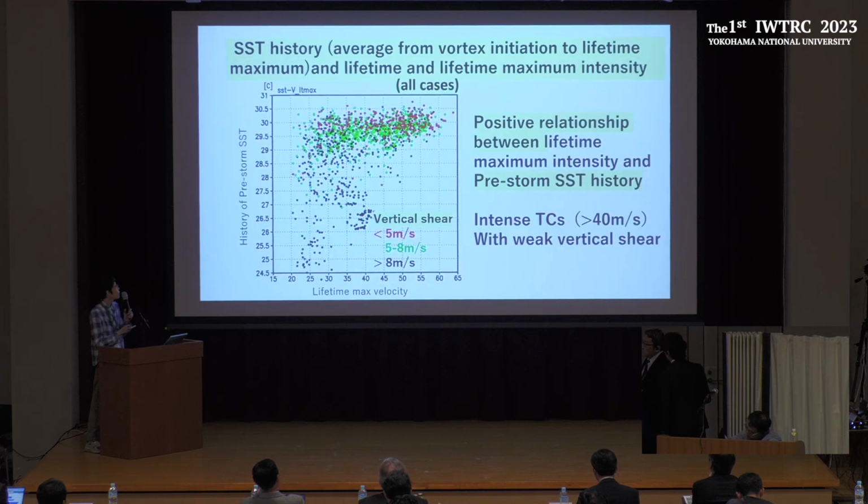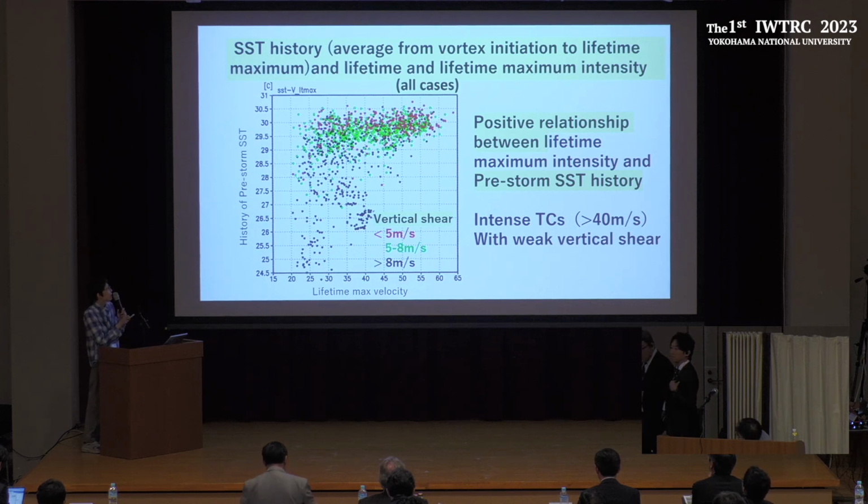This is a scatter plot of the history of pre-storm conditions. We used the 1 day pre-storm environment or sea surface temperature. We see that the history of sea surface temperature is positively correlated with lifetime maximum intensity.